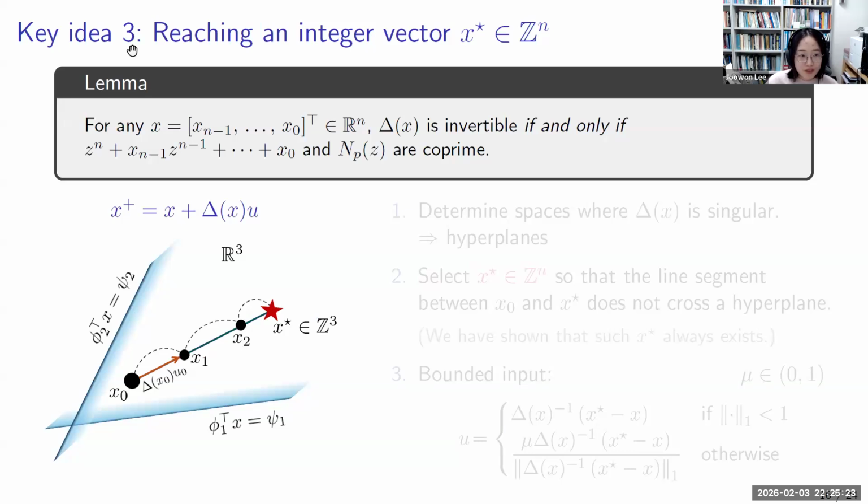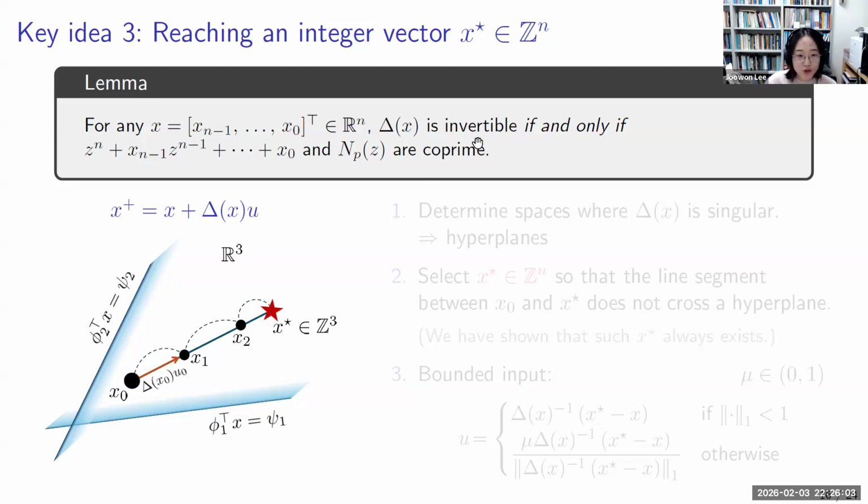Now, the next key idea is to actually reach an integer vector within a finite number of time steps. To this end, we have derived a useful property of the matrix delta x, which is that delta x is invertible if and only if the polynomials made up of the elements of x and Np are coprime.